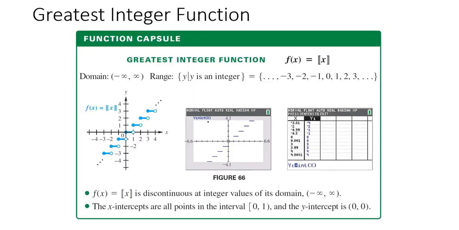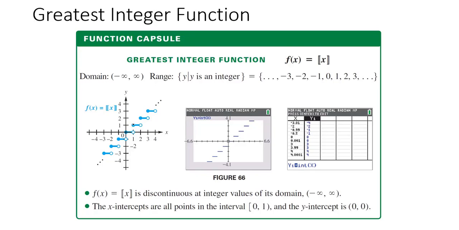The greatest integer function or step function, again, this is the symbol for it. As you can see, if you were going to graph this from 0 all the way to 1, the value would be 1, and then you can enter the function in your calculator, and you can see the table and also the graph.